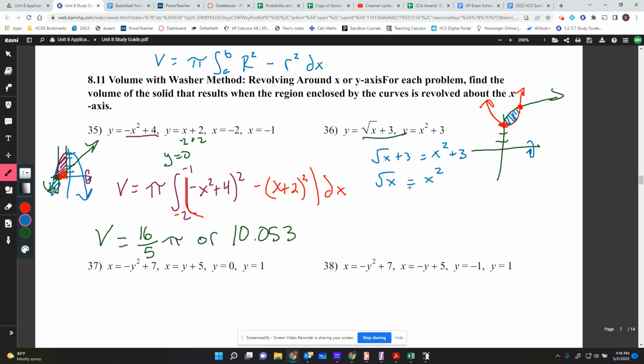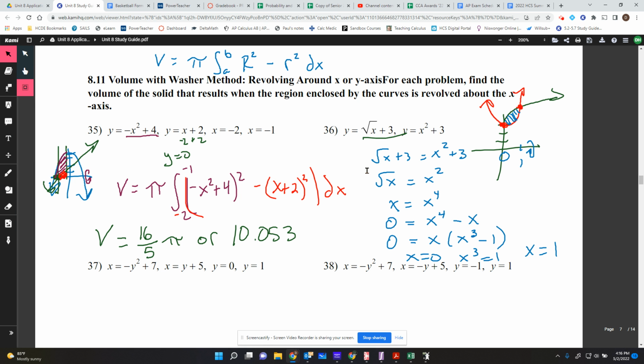But otherwise, if we square both sides, we get x equals x to the fourth, and then we can get 0 by factoring x out of x to the fourth minus x, and you get x cubed minus 1. So you get x equals 0, and this is going to be x cubed equals 1, which is just going to be x equals 1. So our bounds are going to be 0 to 1. You could graph it on the calculator and use the intersect function to find that as well.